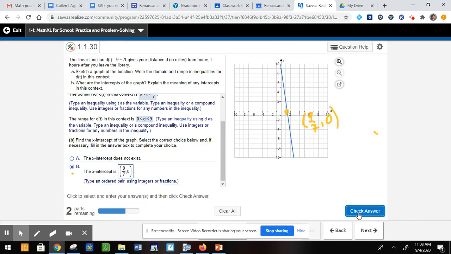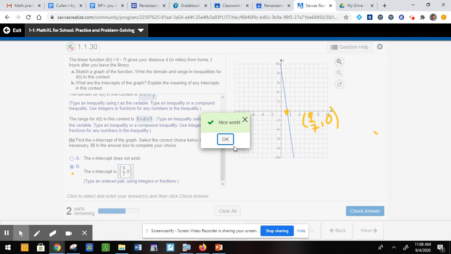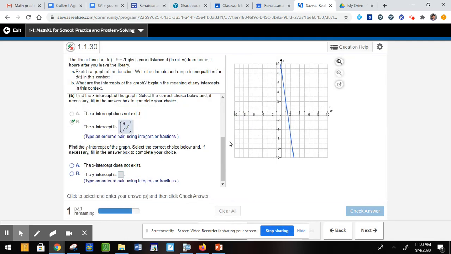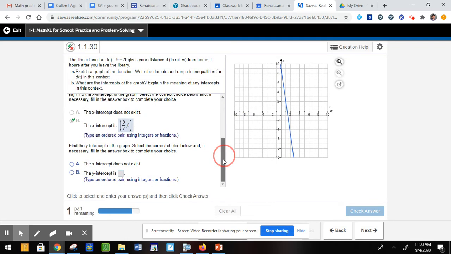Out of that, let's check our answer. All right, so that part's good. Let's erase. And then it's going to ask about to find the y-intercept. The y-intercept does exist, right? We already talked about it essentially. That is the point all the way up here.